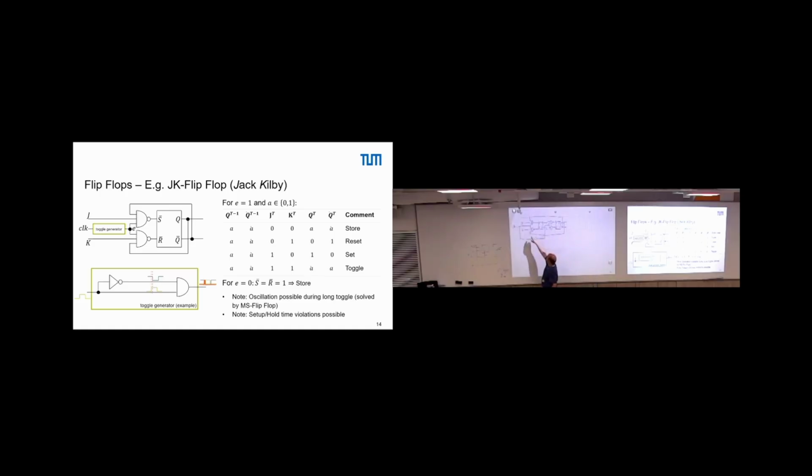The third is you have both at 0, then whatever you have here is stored because it's just inverted, right? And if this here is stored, the output does also not change, right? And the last case is that both are 1. If both inputs are 1 and the clock is 1, then what comes back is just Q bar and Q as the input, which is the input here. This here is inverted.